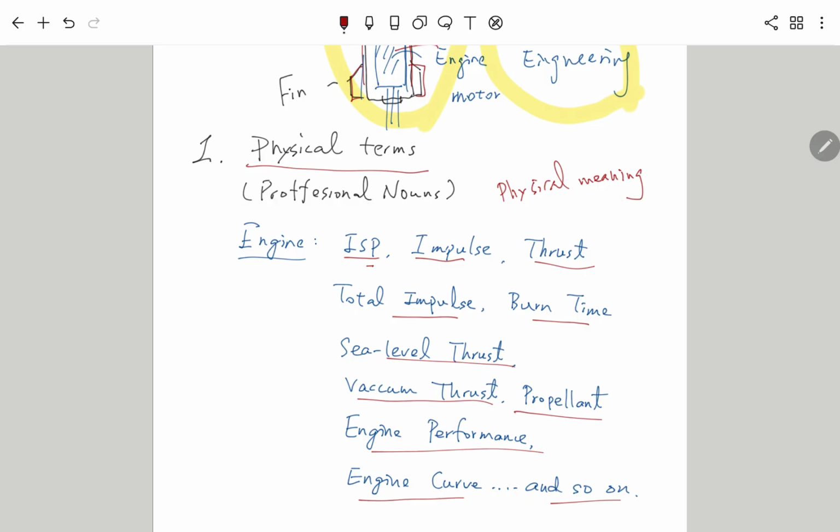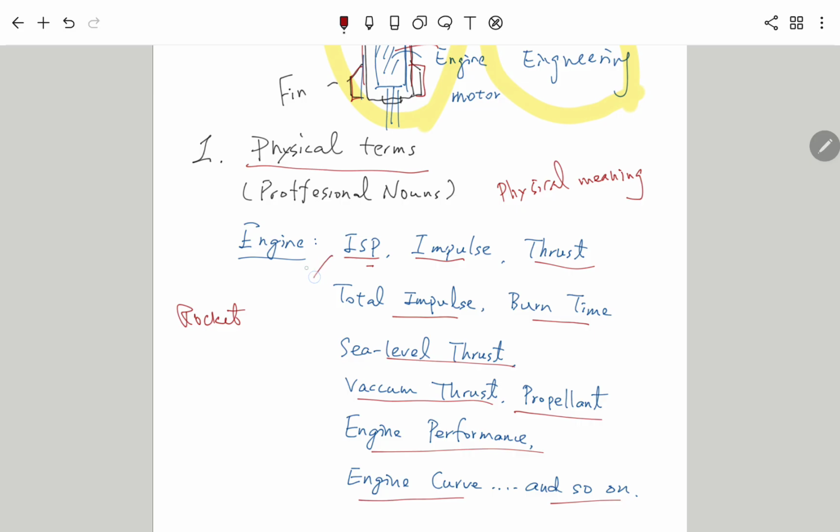I am convinced that when I first got in touch with rocketry, I was quite confused about all these special terms, because I didn't understand what they meant.